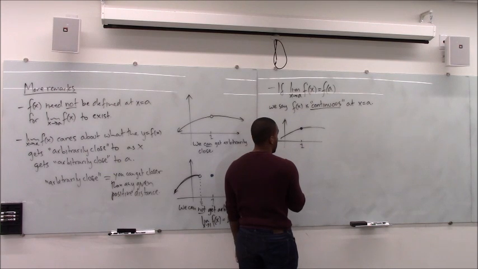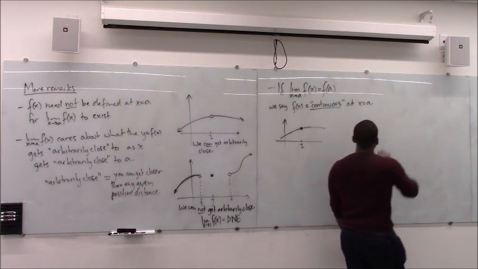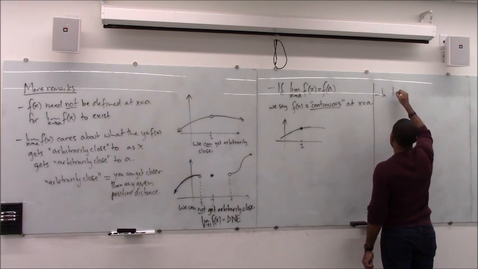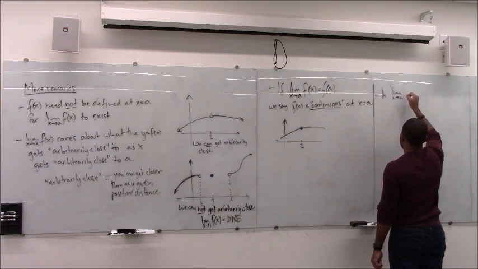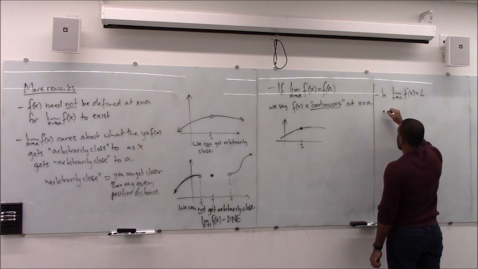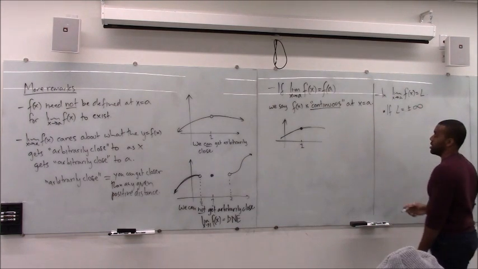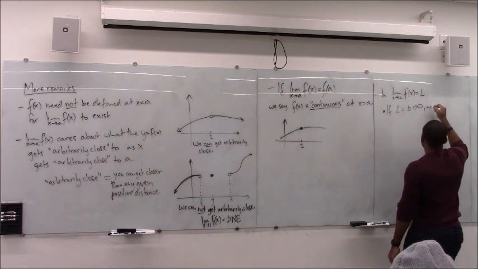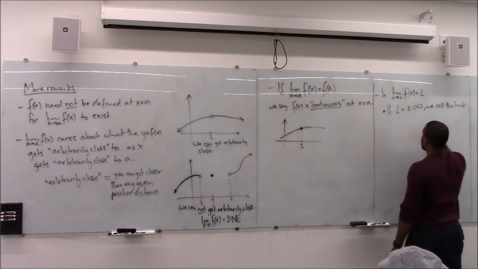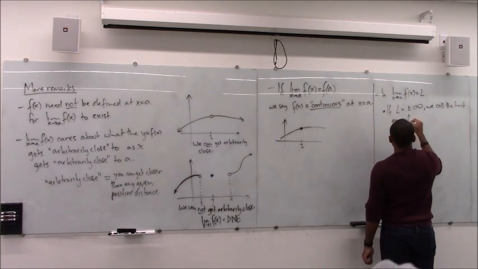Another thing I want to mention. In the limit as x approaches a of f of x equals L, if your L is equal to plus or minus infinity, we call the limit an infinite limit.